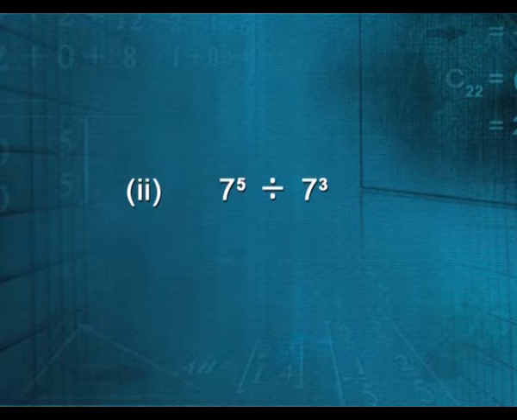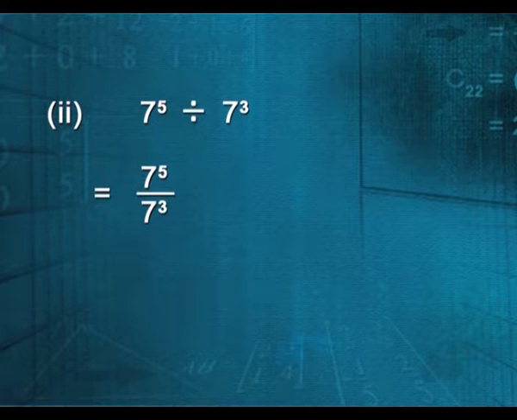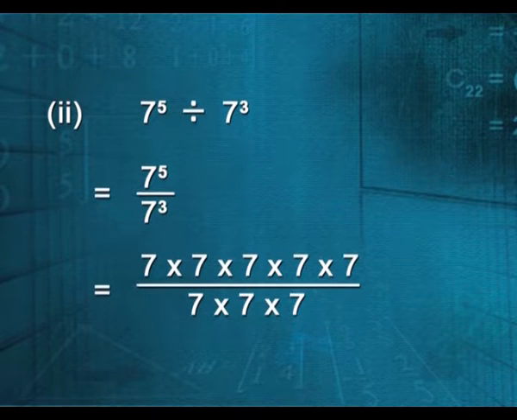7 raised to power 3. 7 raised to power 5 means 7 multiplied to 7 how many times? 5 times. 7 raised to power 3 means 7 into 7 into 7, 3 times. Now, we have given 7 raised to power 5 divided by 7 raised to power 3. So, in the numerator you have 7 multiplied 5 times.